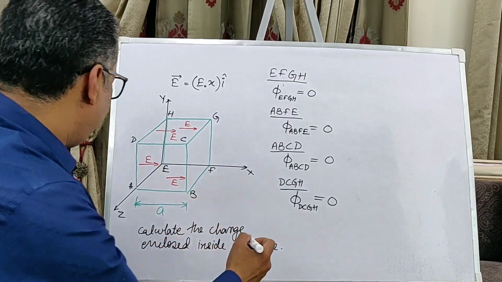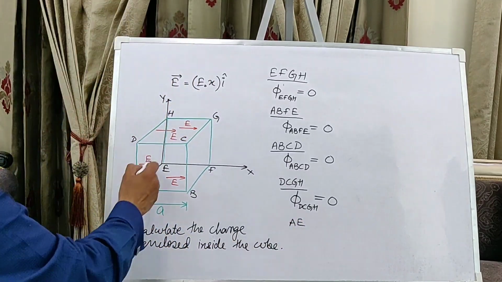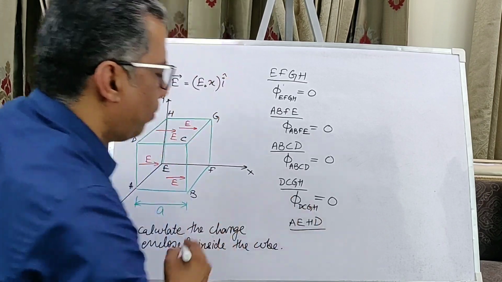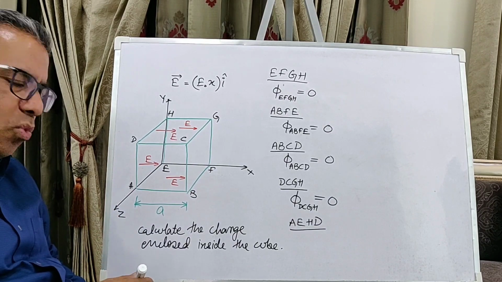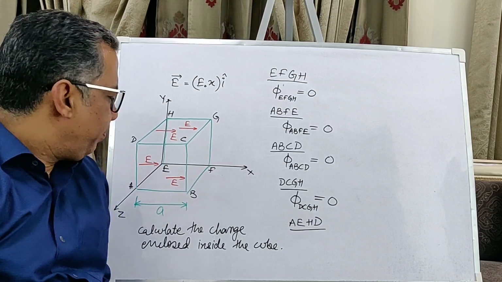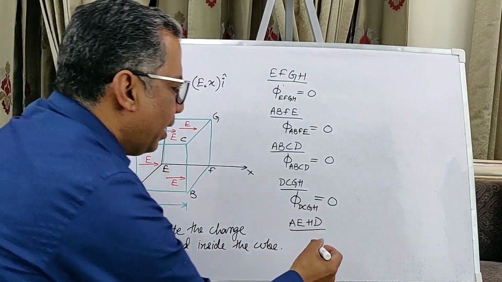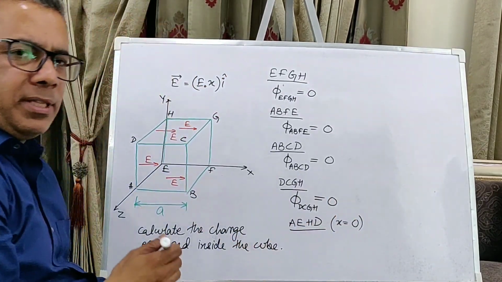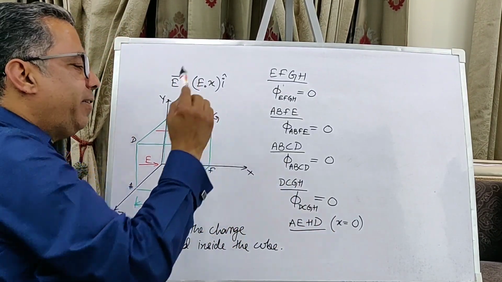Let's now look at AEHD. Now AEHD is in the YZ plane, and in the YZ plane the x coordinate is 0 at all the points, and if the x coordinate is 0 at all the points, the electric field is 0.